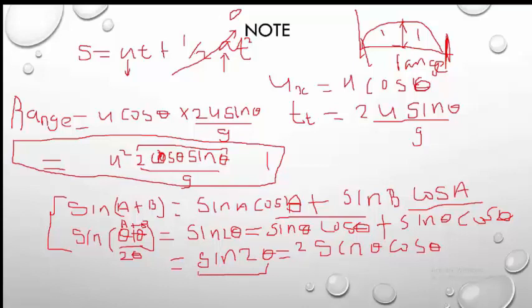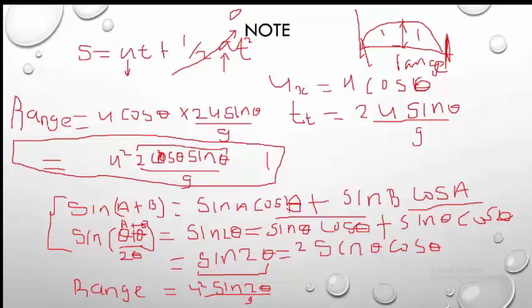So I can now say my range is equal to u squared sine 2 theta, everything over g.